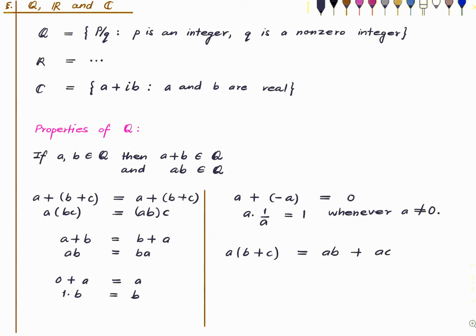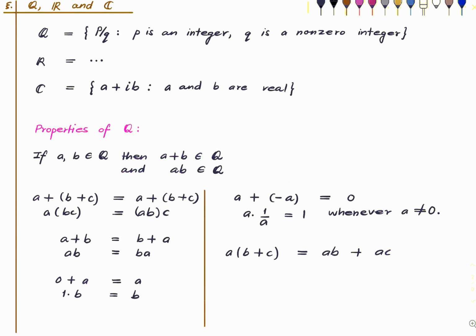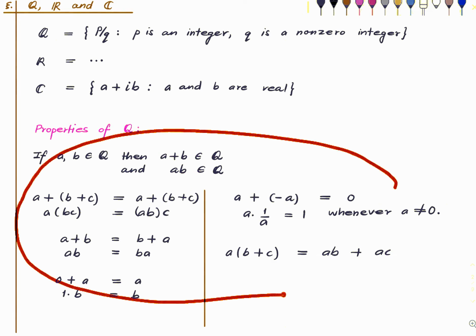Okay? So these are some properties of rational numbers that we are familiar with from high school, and the definition of an abstract field that we will come to is basically abstracting out these properties. That's all a field is doing. All of this can be written for real numbers and all of this can be written for complex numbers. So a field is basically a single abstract object which is capturing precisely these properties.